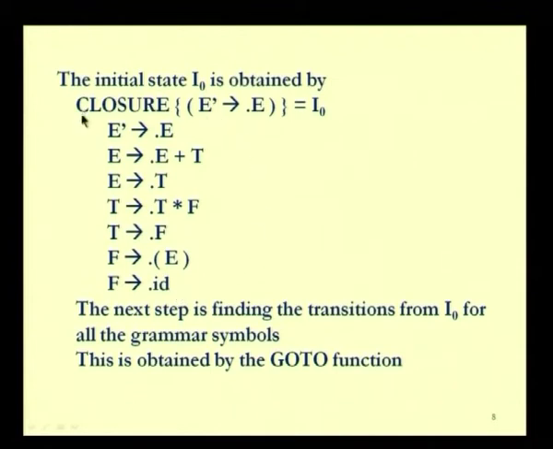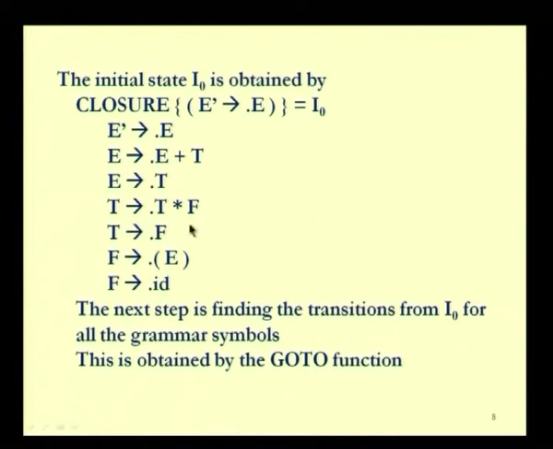All these items are there in state number 0. One important thing to observe is that in all these items the dot is on the extreme left end, because it shows that no progress has been made so far; nothing has been recognized yet.